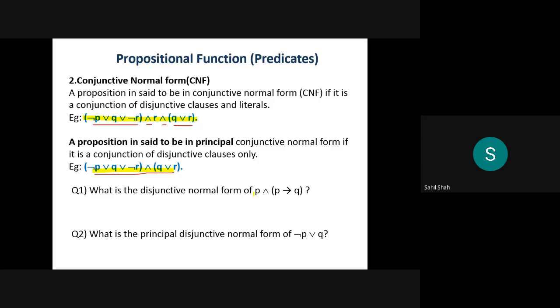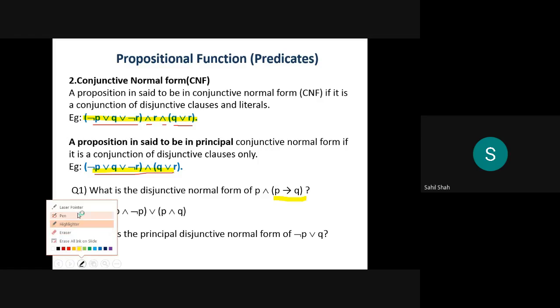Whether this is in the DNF? Certainly not, because I am observing conjunction here. For DNF, I need to have or in between, and I need to have and inside. So let us check how this is converted. It is directly mentioned on the slide: P conjunction negation P or P and Q. How is this obtained? We have a formula for this.